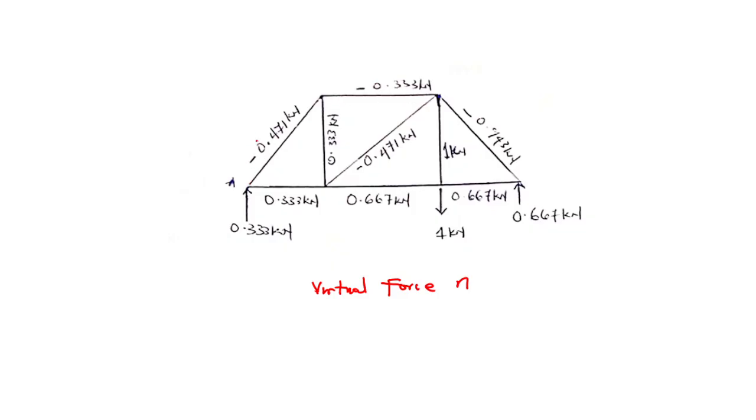The ones in the negative are compression. When you see it in negative, it means this is compression. I hope you know that by now. And every positive is tension. But the main thing you should notice is that this is our virtual force.